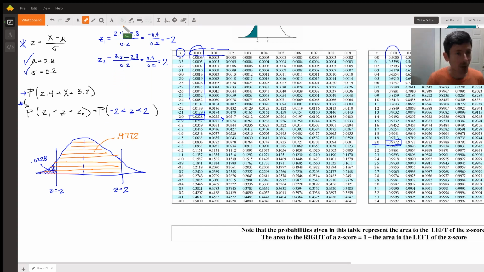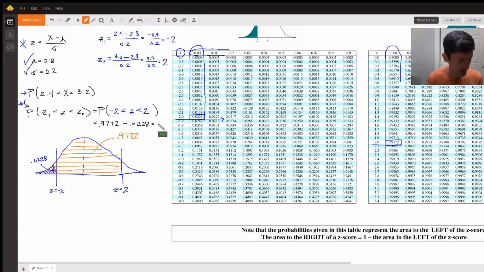Now, to get the probability only within those two, we need to take the difference of those values we just found. So that would give us the area in the middle if we subtract those two terms.